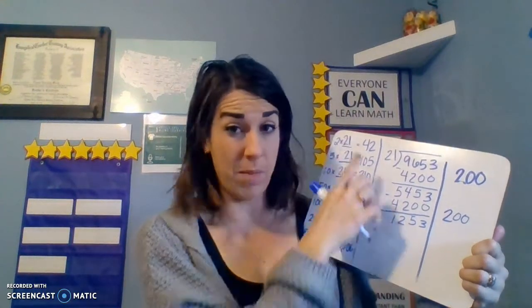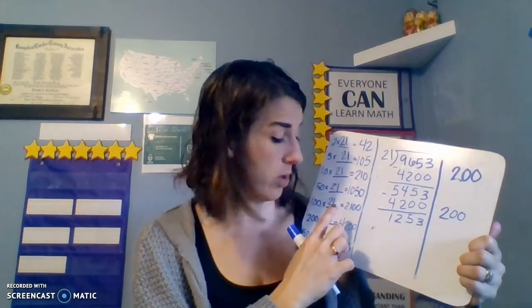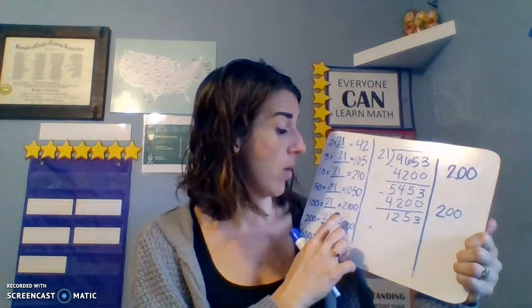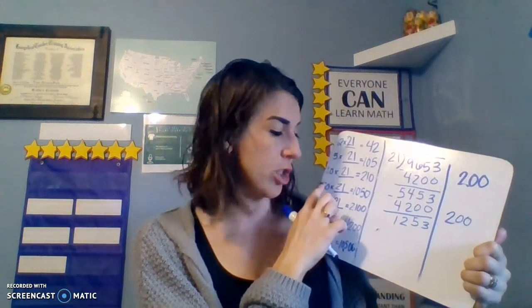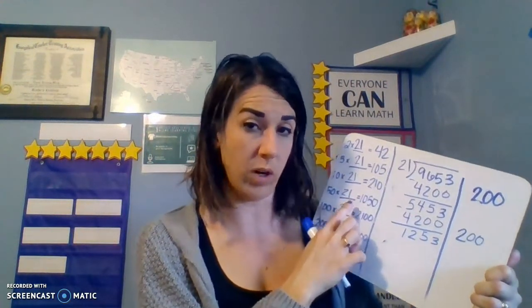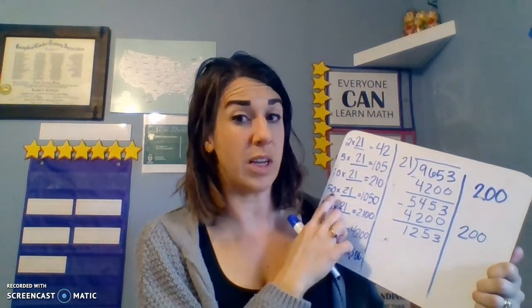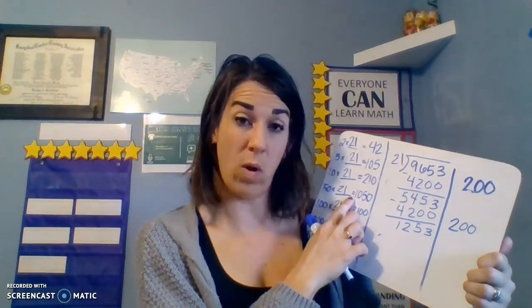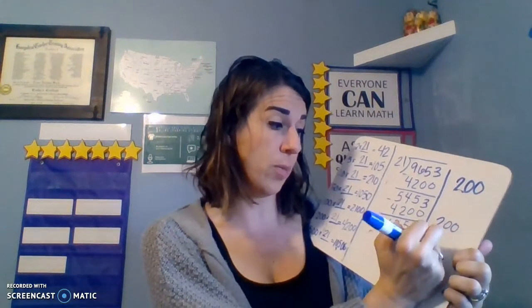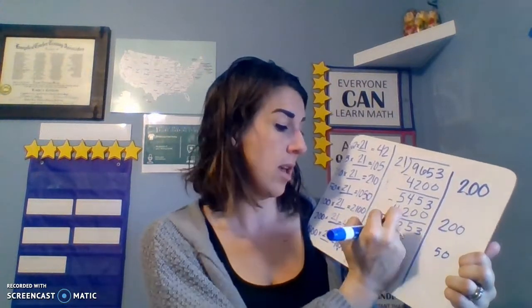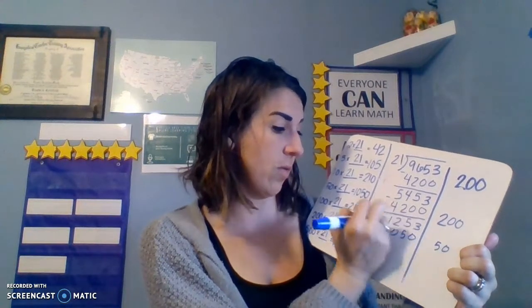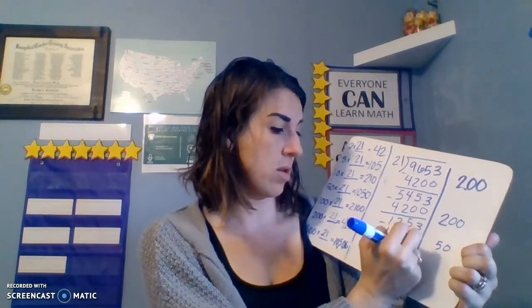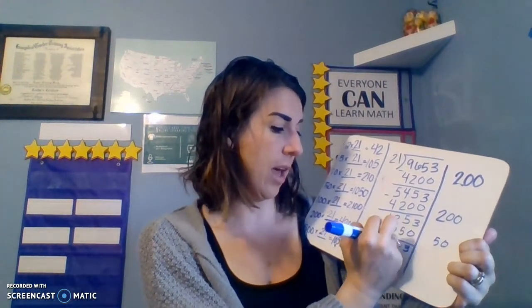So I'm going to refer back over to my multiples list, and I'm going to say to myself, what is the next largest chunk that I can take without going over? And I can see that it's 50 times 21 to get 1,050. So I'm going to put 50 in my partial quotients, and I'm going to take away 1,050 from what I had left.